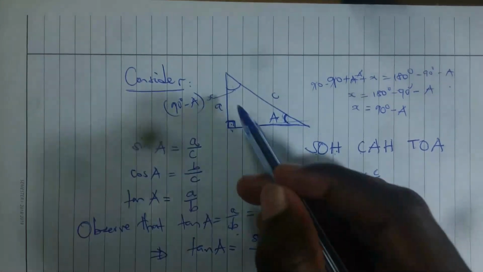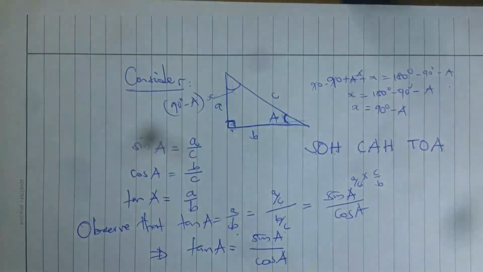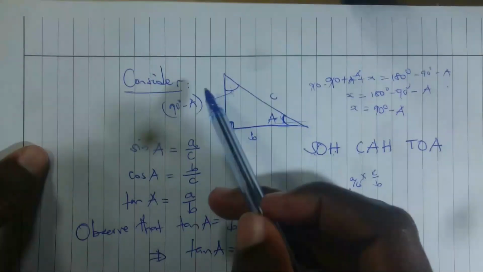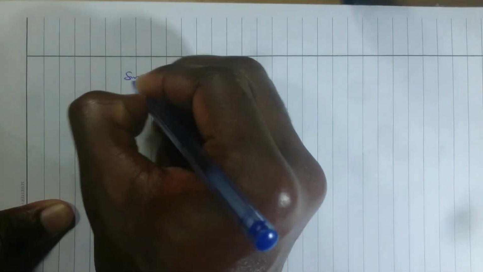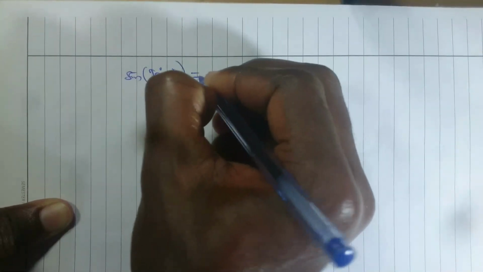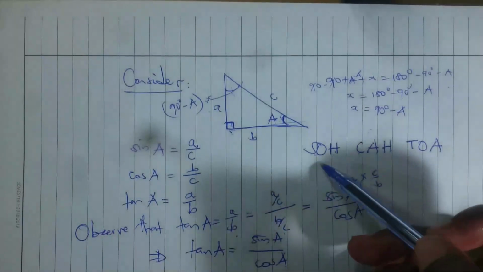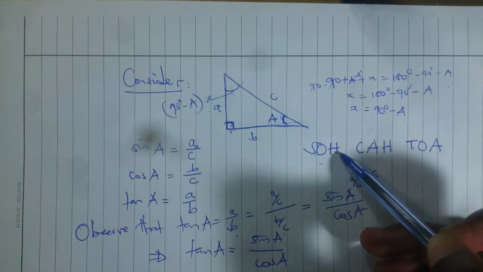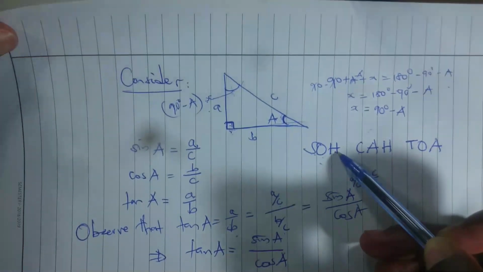Now let us shift to this angle, that 90 minus A. We are still considering this here. We have here 90 minus A, that angle. So we are going to consider sine of 90 minus A. From this here, we saw that sine is opposite over hypotenuse.